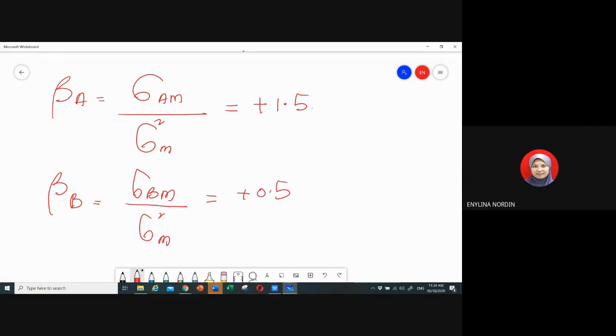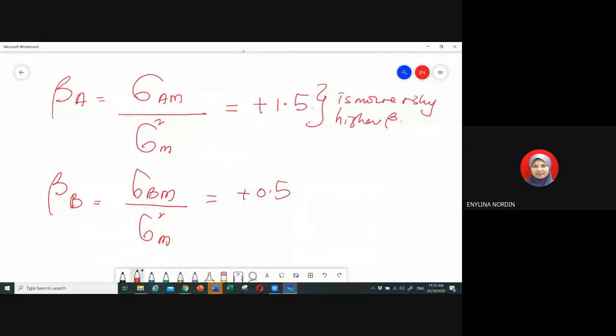Is it stock A or stock B? Stock A. Right? Stock A is more risky, okay, as compared to stock B. Why? Because stock A has higher beta.